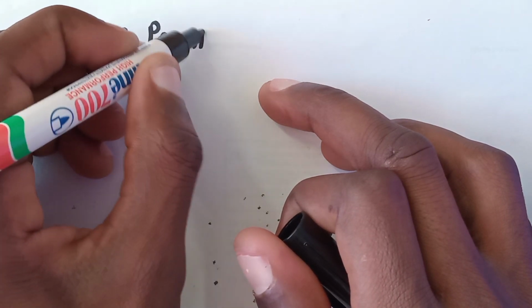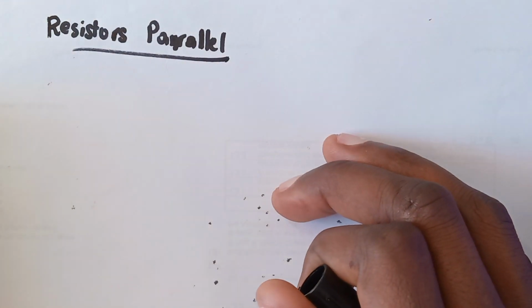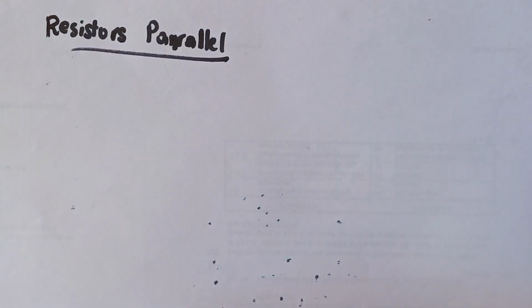Are parallel. Here, the resistors that are connected in parallel. For resistors that are connected in parallel, they only divide the current.